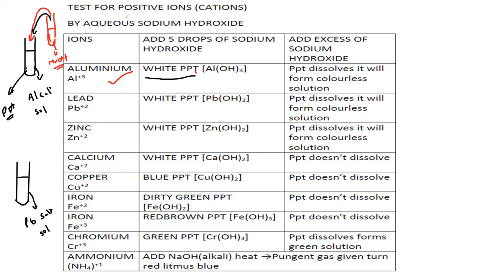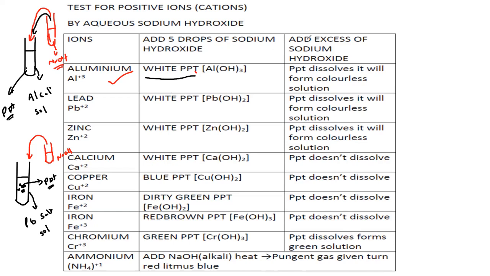Then we add drops of sodium hydroxide, a small quantity of NaOH. When we mix these two solutions, we see a white PPT. A white PPT means when we mix two solutions and a solid is formed, we call that solid PPT. So a white precipitate will form.